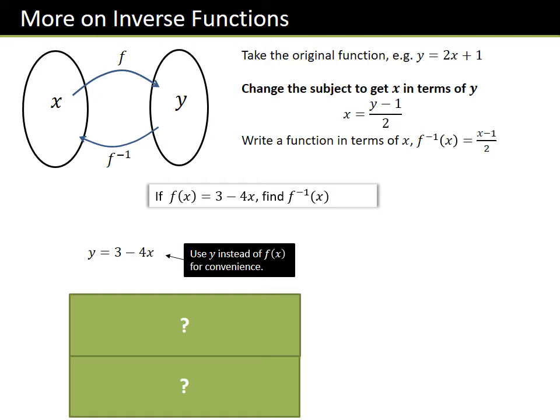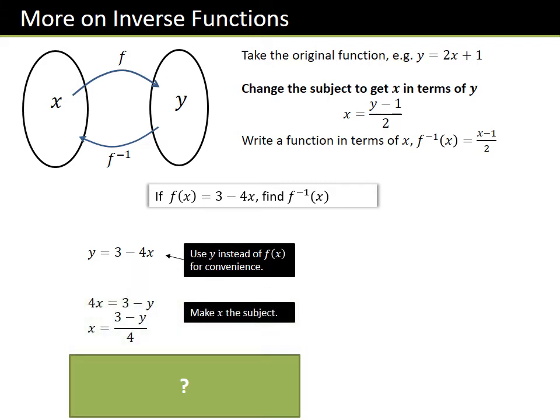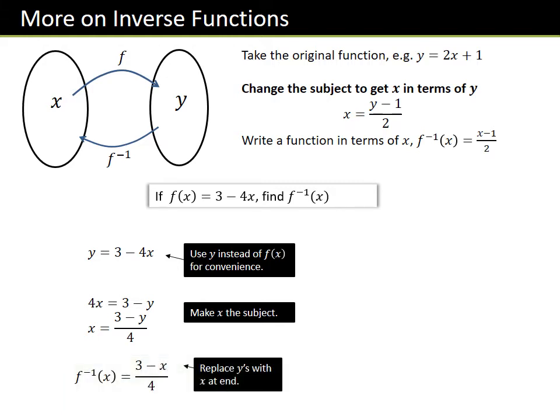Then we're going to rearrange the function to make x the subject. So that's what I've done here. Finally, we're going to tidy up the notation. So we're going to write the function in terms of x. So f to the minus 1 of x is 3 minus x all over 4, replacing the y's with the x at the end.